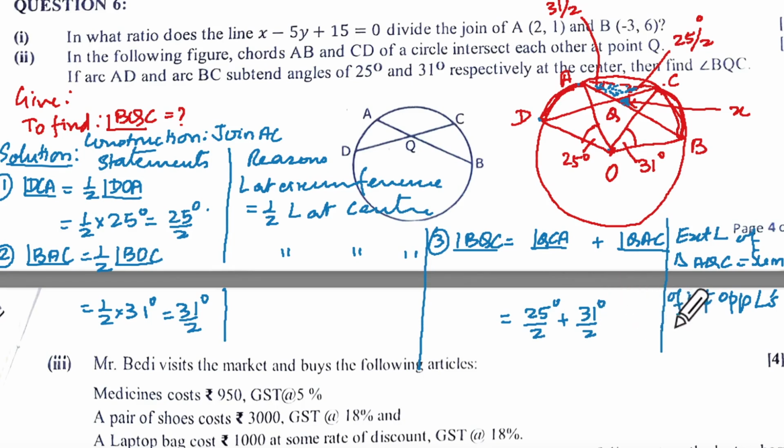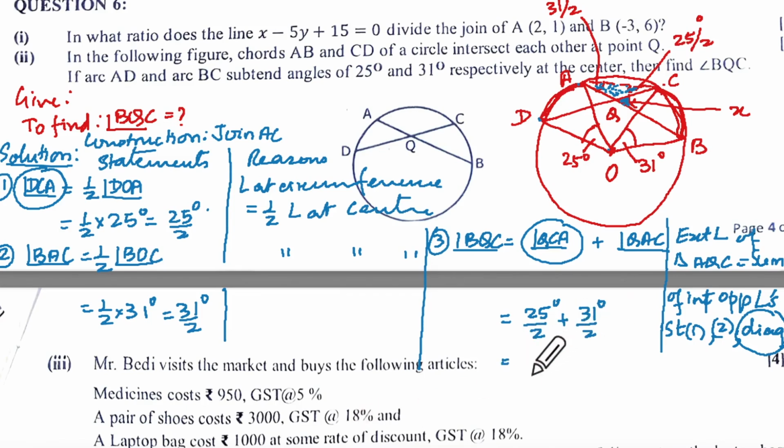Alright, and here I will say from statement which one? This and this, means 1 and 2, and one more reason I'll have to write: diagram. Why diagram? Because I wrote here QCA but I have written here DCA. Can you see that? Now QCA and DCA is the same, says who? The diagram.